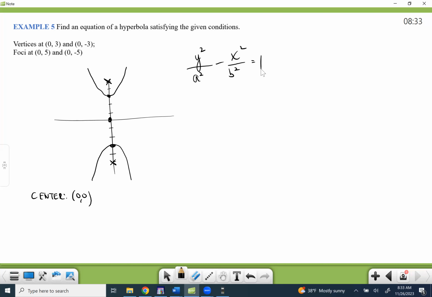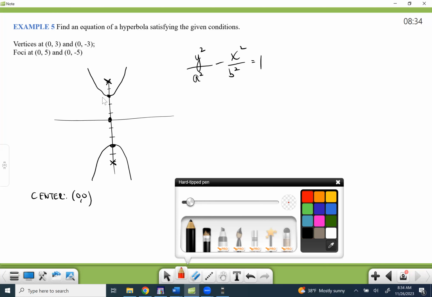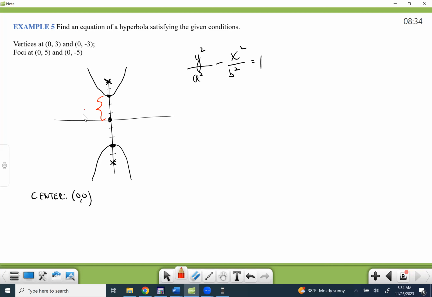Okay. All right. And then we know a few letters, huh? They gave us a again. A is going to be 3. So that implies that a squared is going to be 9. So we might as well substitute that in.